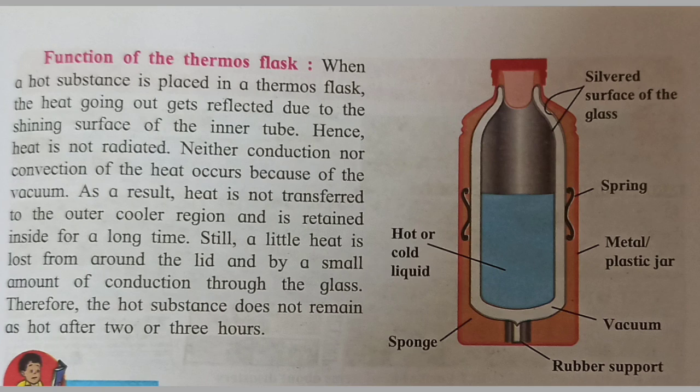When a hot substance is placed in the thermoflask, the heat going out gets reflected due to the shining surface of the inner tube. Hence it is not radiated. Neither conduction nor convection of heat occurs because of the vacuum. As a result, heat is not transferred to the outer cooler region and is retained inside for a long time.